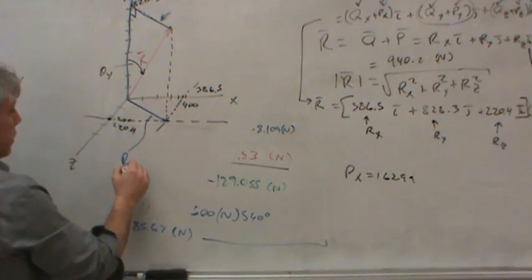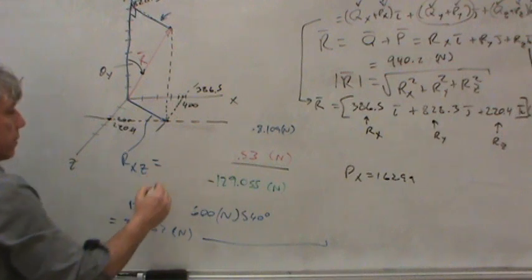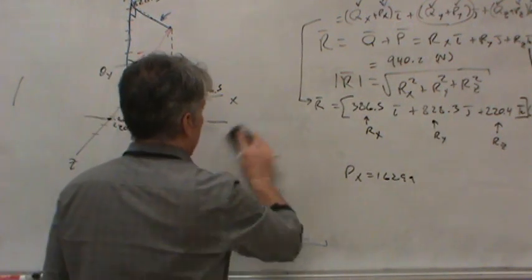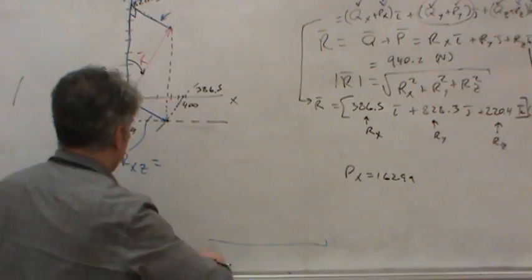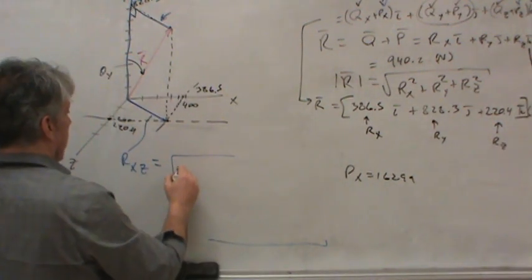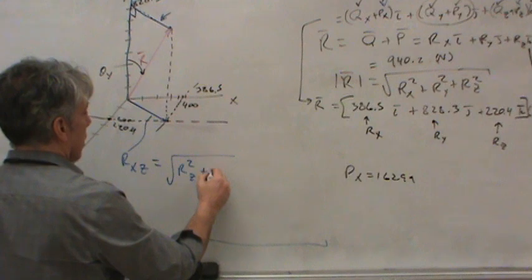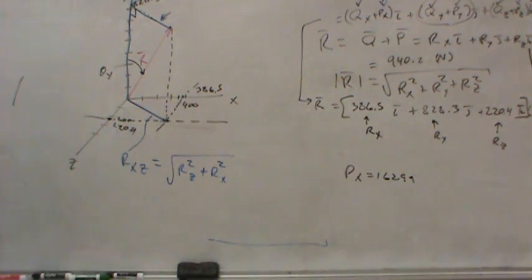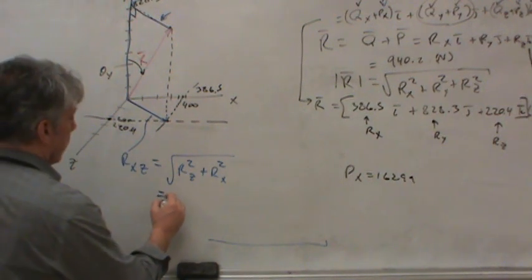And this is what I will call RXZ. So square root of the sum of the squares of RZ and RX. And you have RZ and RX, don't you? So give me that number if you would, please.